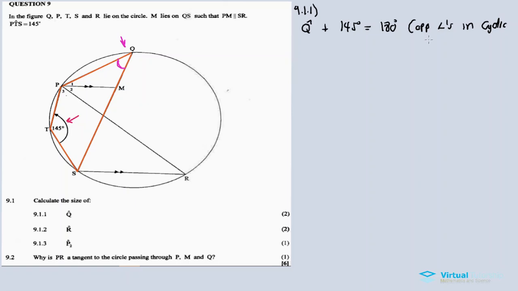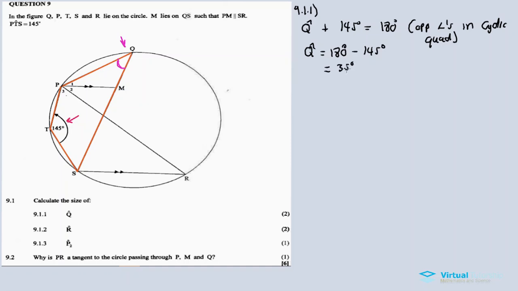cyclic quad. In a cyclic quad, they are supplementary. Then angle Q is equal to 180 degrees minus 145 degrees. This is equal to 35 degrees.